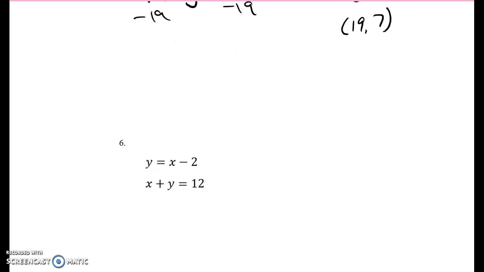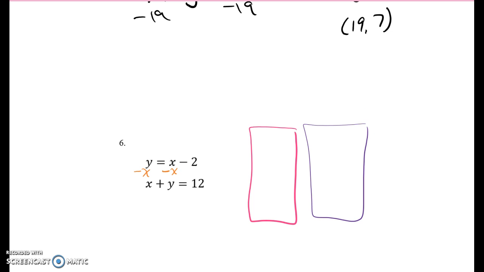So what does that mean? I need to put the x's with the x's and the y's with the y's. So before I put my equations back in their boxes, I'm actually going to subtract x from both sides of this. And that way I'll have my 3 columns just like I like them: an x column, a y column, an equals, and a number column. Okay.